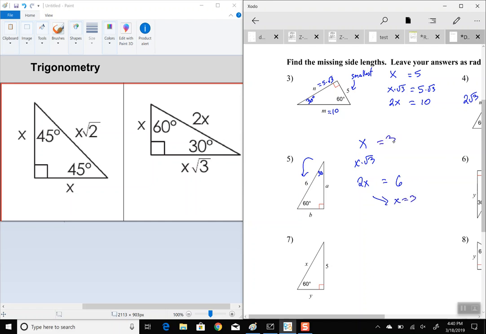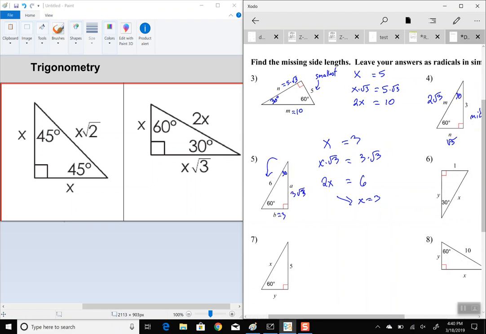So the shortest side is 3, and then the middle side is 3 times the square root of 3. And because I don't have any radicals or square roots in the denominator, I am good to go there. So the shortest side was 3, the next biggest side is 3 square root 3, and the hypotenuse was given as 6.